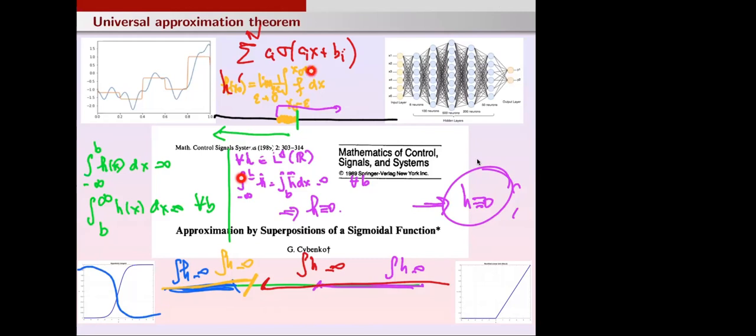So if you tell me that such things are sufficient, then the only thing I have to choose is the A, the B, and the C. And furthermore, I already gave you some hints of how to choose the A, the B, and the C. The B will be located on the interfaces. The A will be regulated according to the slope of the interfaces, and the C will be just in order to fit the size of the jumps.